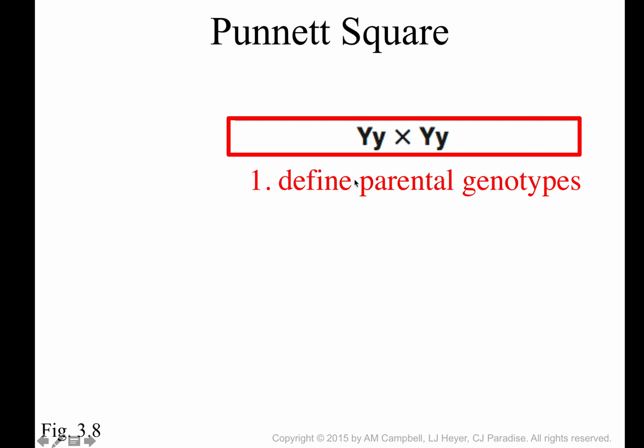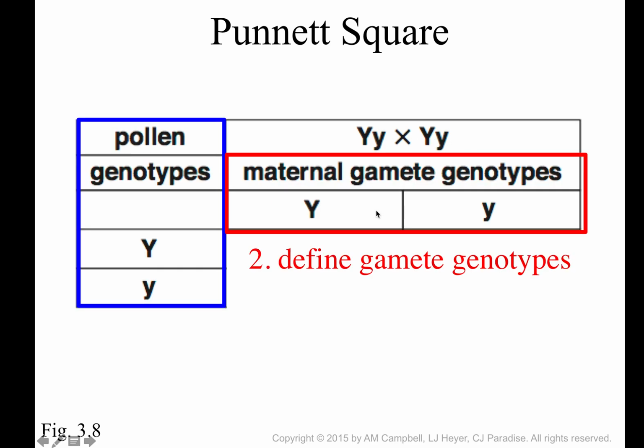So if you figure out all the possible kids that these 2 parents could have, well, on the mother side, she could supply either the big Y or the little y to her egg. And on the father's side, he could supply either a big Y or a little y in the pollen. Okay?